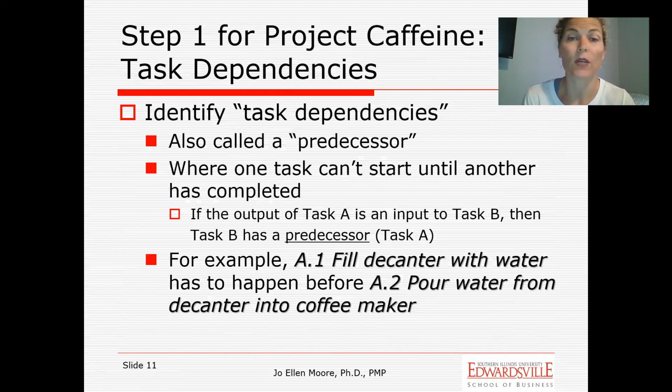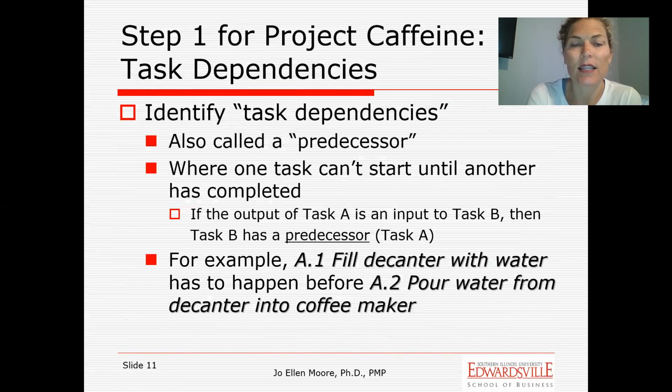We can do 3 and 4 together. But other times there are going to be relationships where step 3 has to be done before we can move on to step 4, or step 3 has to be done before we can start step 5, whatever it might be. And so we want to identify those things, and that's what the task dependencies are getting the group to look at and identify.